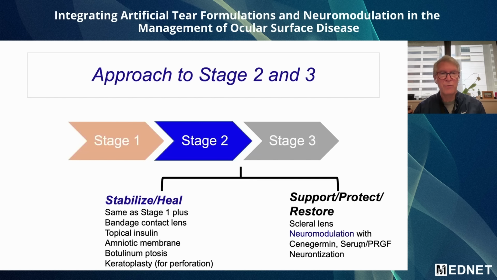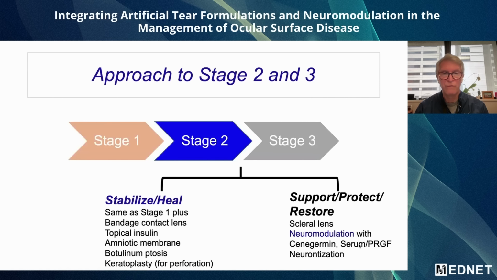For stages 2 and 3, the treatments are the same as stage 1, but you can consider additional therapies like amniotic membrane grafting, which has growth factors in it, as I'll mention, to help to heal the surface. Botulinum toxin can be used to induce temporary ptosis.